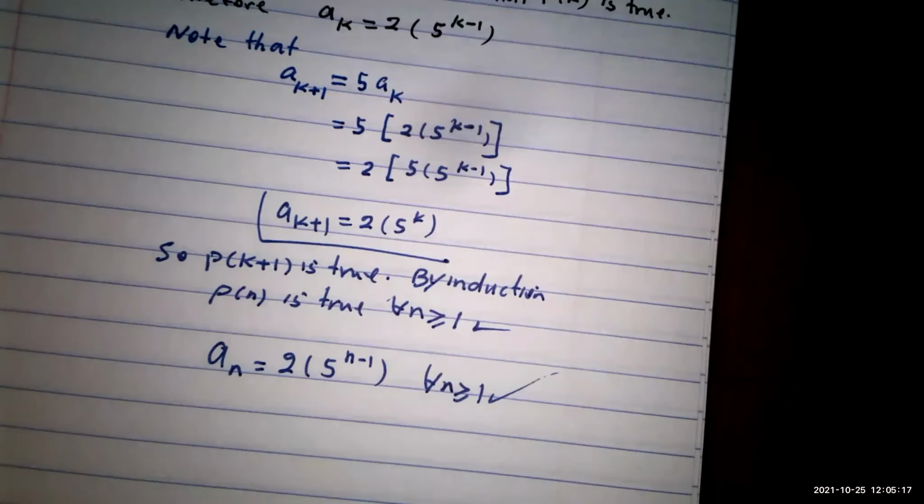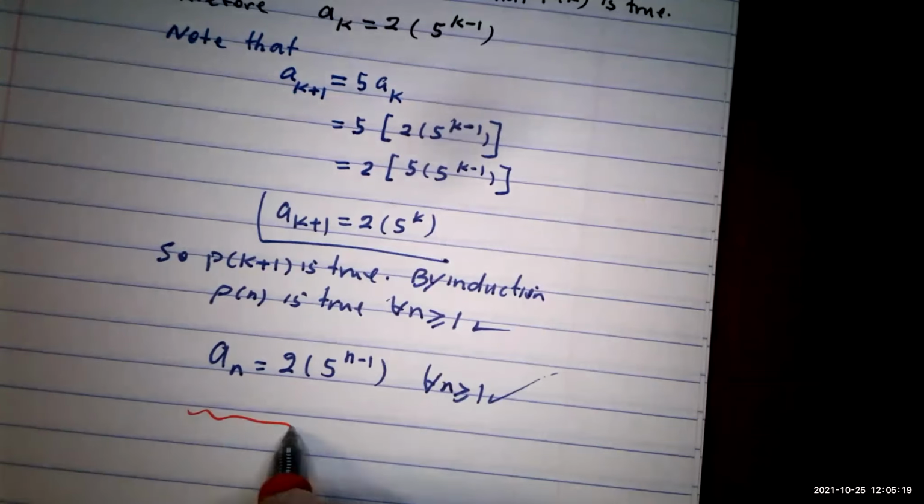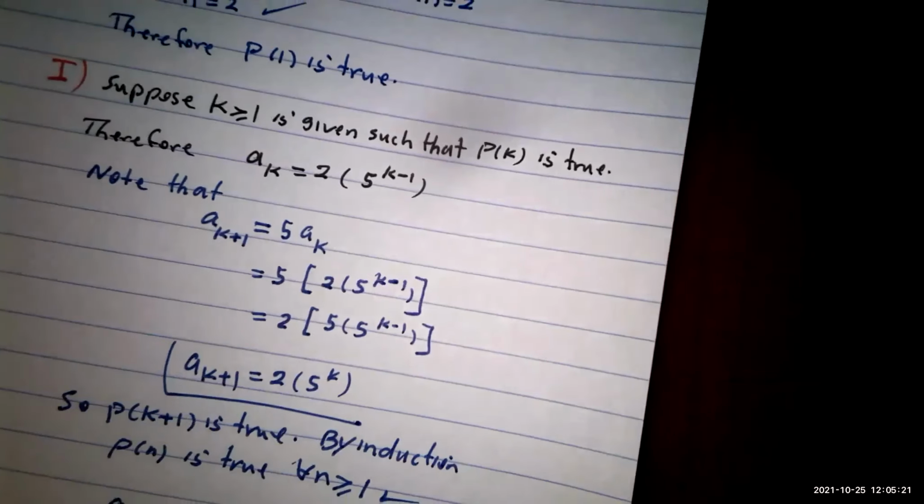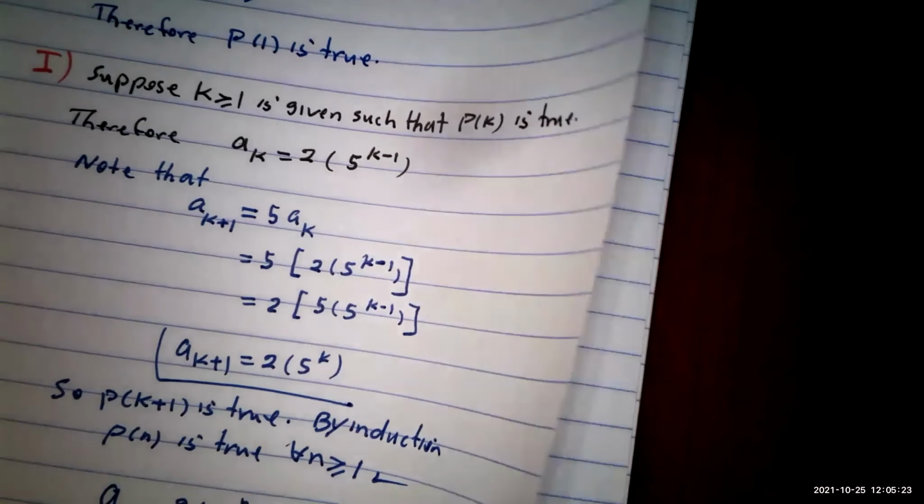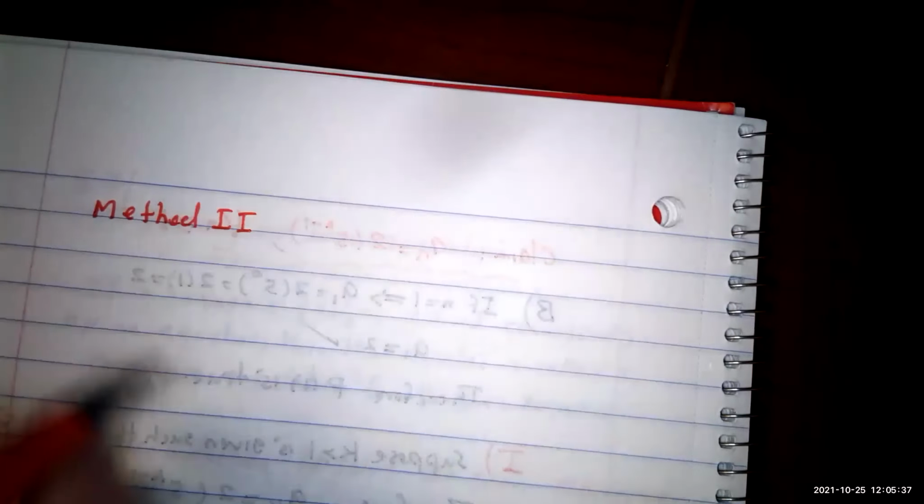In your book, in some of the problems, they ask for this method, but you have a choice. You can use either method you like. So let me explain that one too, then we are done with this section. Method 2. You have the option, you can use either method. We don't mind. They call it the iteration method. Okay, iteration.